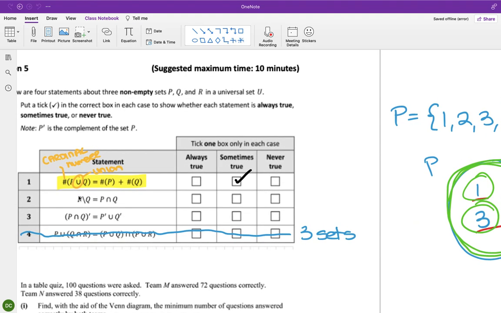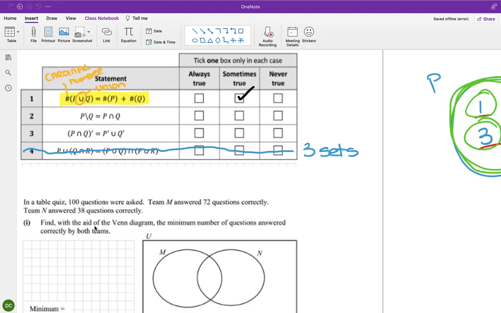Right, the second one. Someone read it for me. P less Q, or P but not Q, is equal to P intersection Q. Good. Okay, so let's try it.